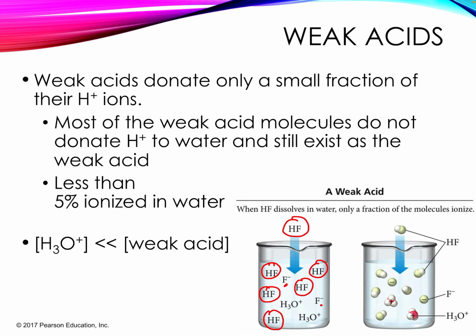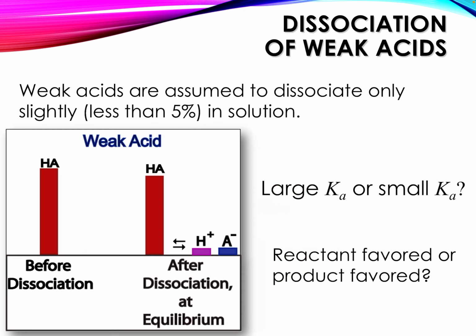They're maybe 1% or less. So the concentration of H3O+ that's floating around in solution is much less than the concentration of our weak acid. Okay, and so as you can see here, we're going to have both weak acid and hydronium, H3O+, and the conjugate base, which is F-, floating around in solution, which means we are going to have an equilibrium.